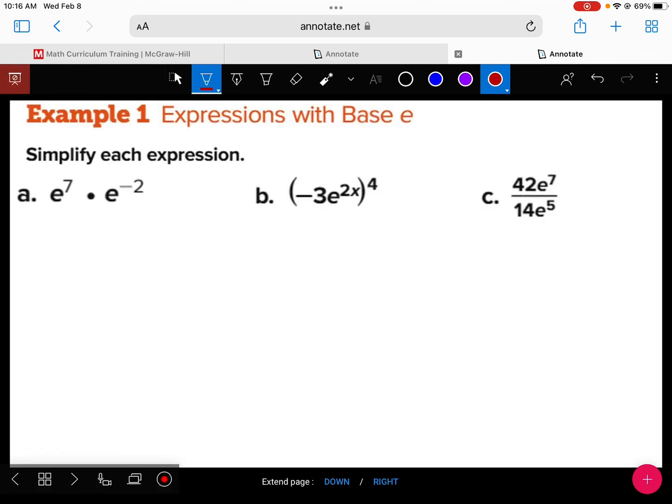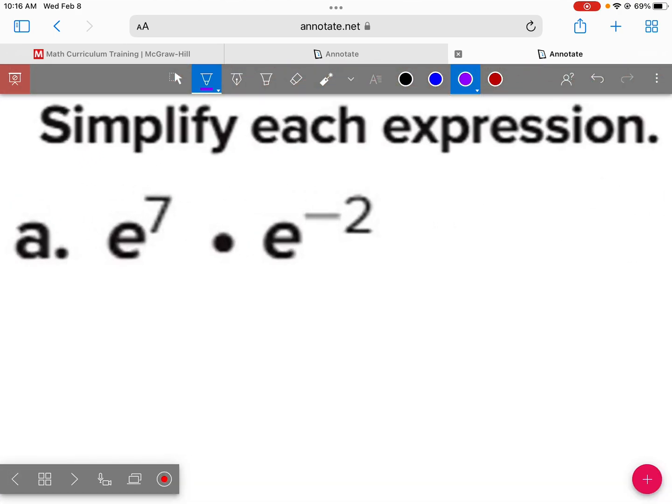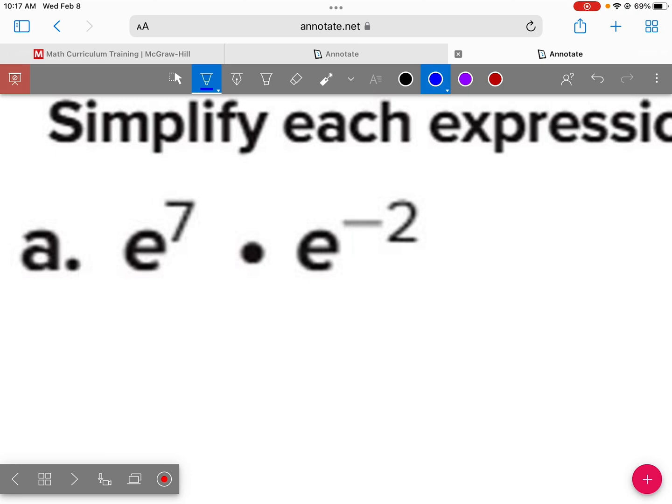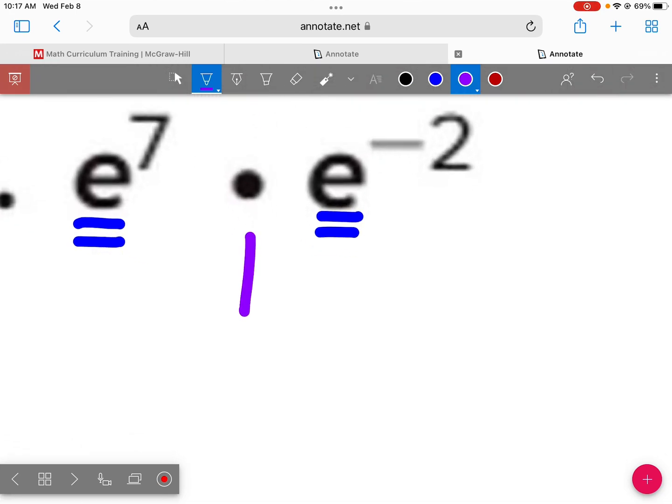All right. I just want to practice with some properties of exponents using e as our base instead of a variable. You okay with that? Exactly like we did on the bell work. So on this first example, do my bases match? Yes, they're both this number e. What's going on between them? They're being multiplied.